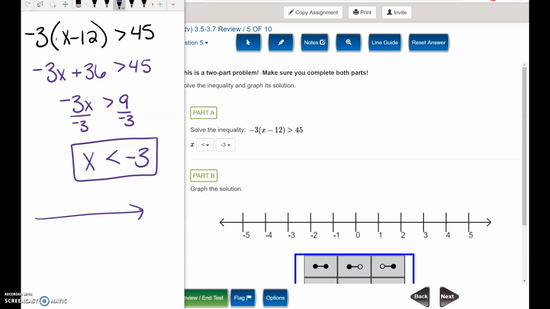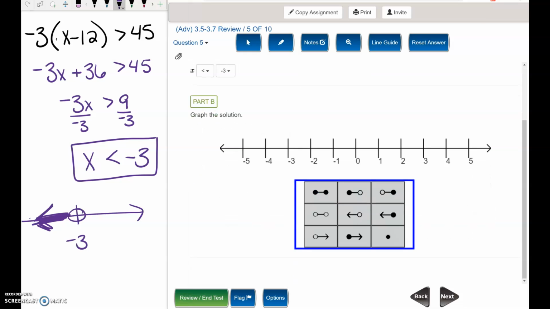To graph the solution, I would really recommend that you draw this on your own paper first, before you try to graph it in EdCite. To graph these in EdCite, you pick the symbol that looks the most similar to what you have.